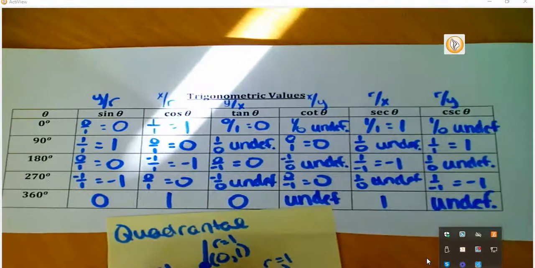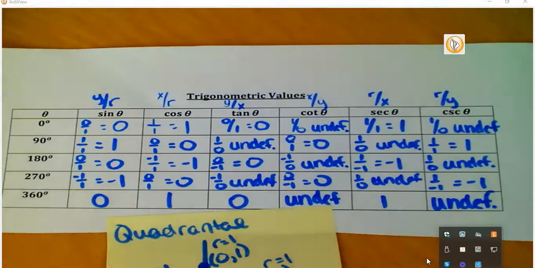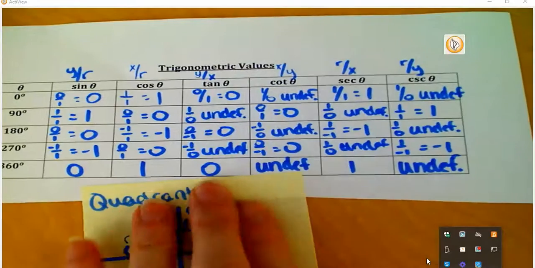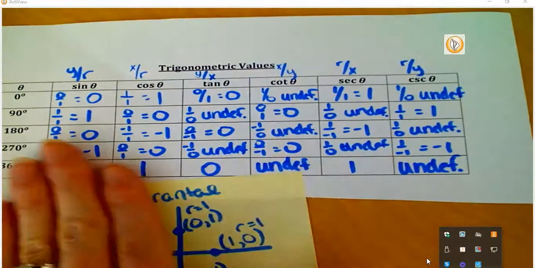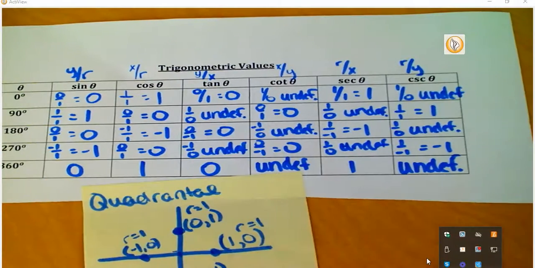Alright, and soon, maybe in the next section, we'll add 3 more angles to this. We'll do 30, 45, and 60 degrees. Those are going to be our common ones. We are going to work on learning these values.